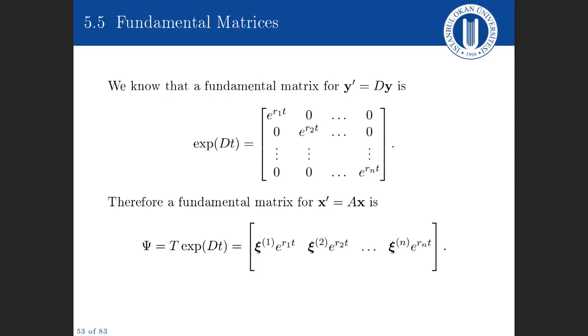But remember, x was equal to Ty. If we know a fundamental matrix for the y equation, then we can just multiply it on the left by T, and we get a fundamental matrix for the differential equation that we started with.